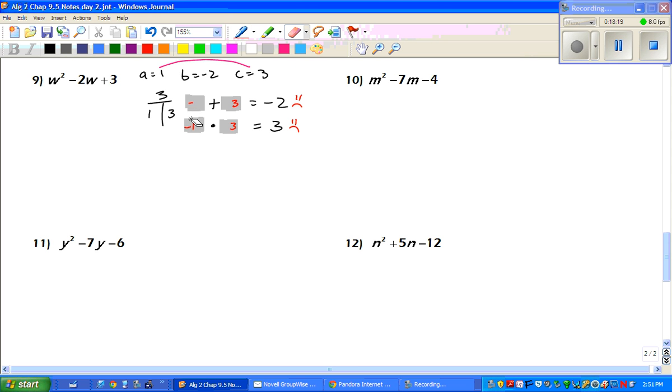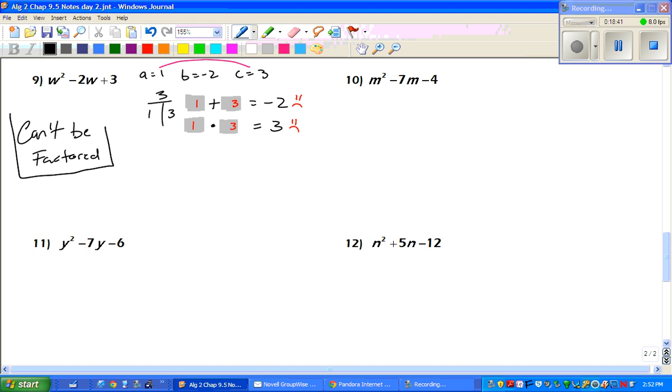What about positive 1? Does that work? No, it doesn't. There's no combination of ones that work here. So the answer to this, what we would say, is this can't be factored.